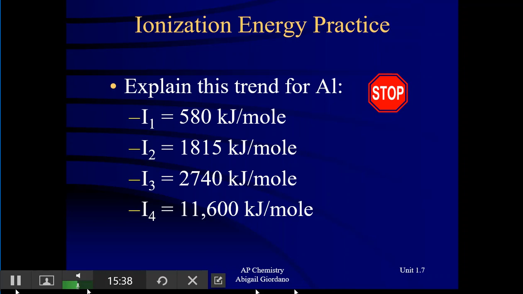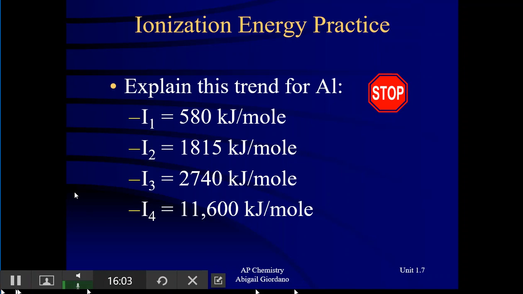Think of it like a two-part question. Number one, why are the numbers steadily increasing? Let's say that's part A. And part B, why is there such a large jump between the third and fourth ionization? I want you to think about how you would write that out as a free response question. So pause the video, think about it.